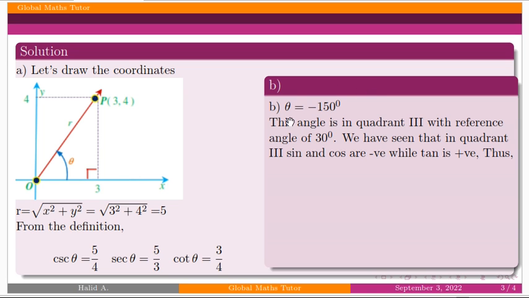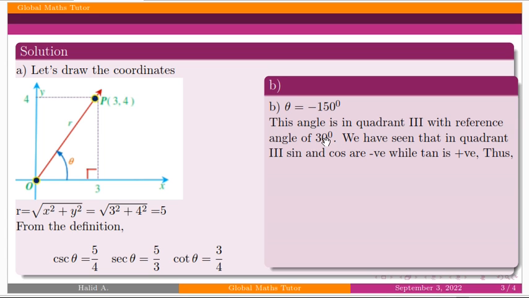The reference angle for this, as we have seen, will be 30 degrees, because minus 150 passes the negative y-axis by 60 degrees, so the remaining angle to the negative x-axis is 30 degrees. If you have difficulty, please see the past video.